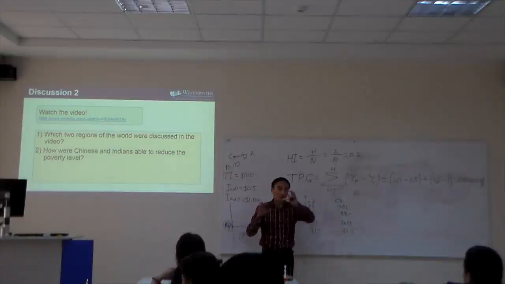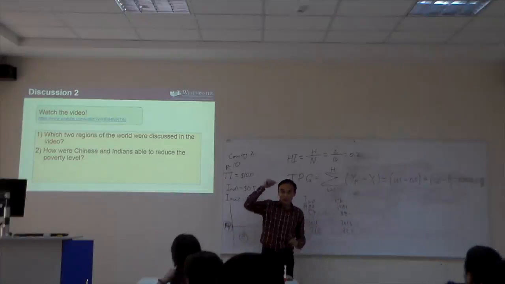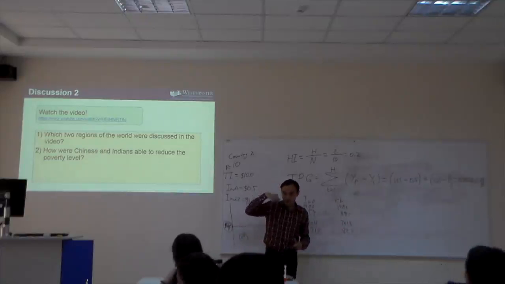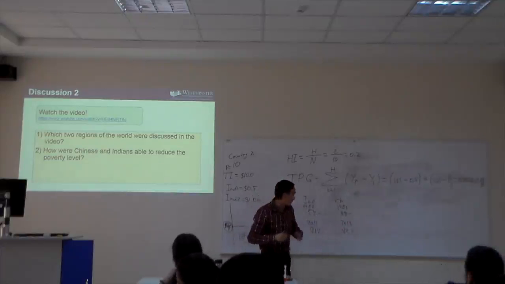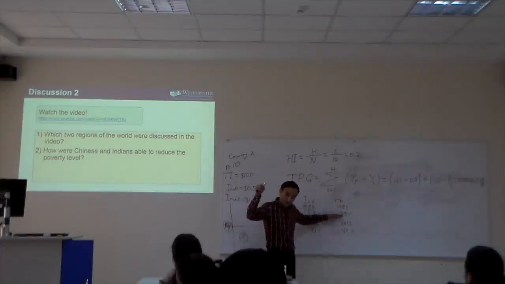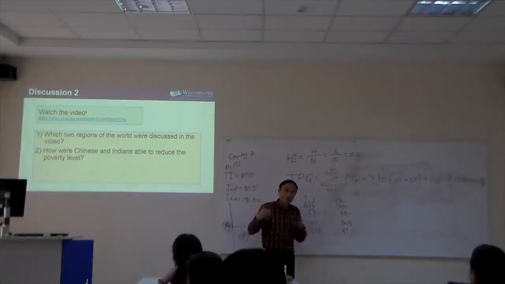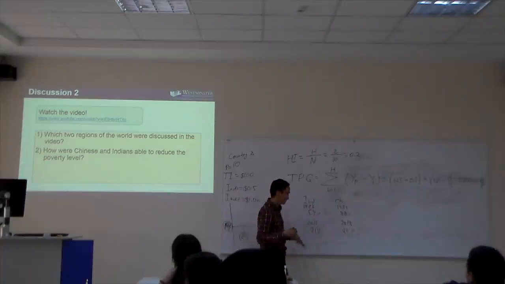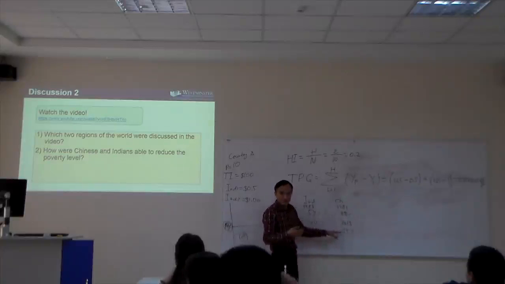If we compare rural and urban areas during that time, in rural areas, villages, the poverty level was 97%. Which means 97% of Chinese people living in rural areas were poor. So they were very successful in reducing it from that number to this number.